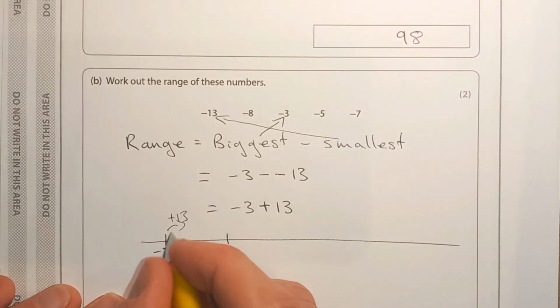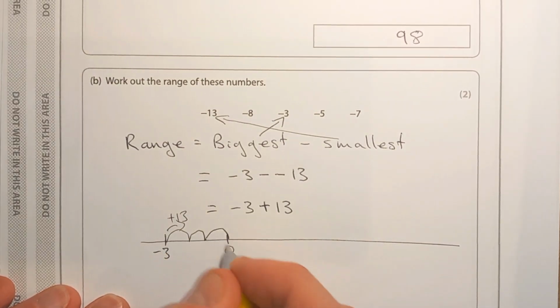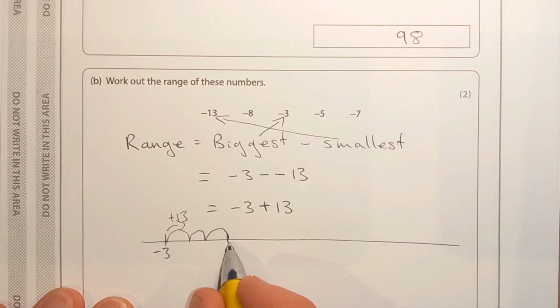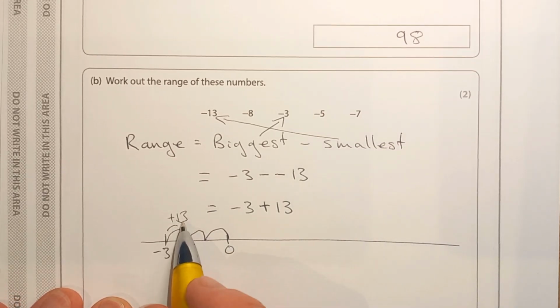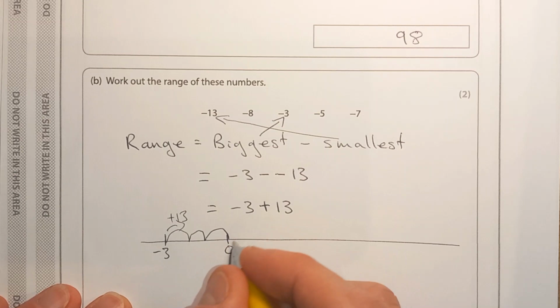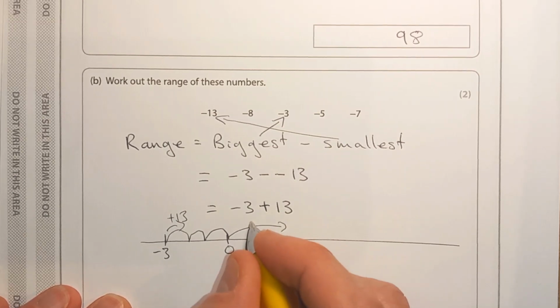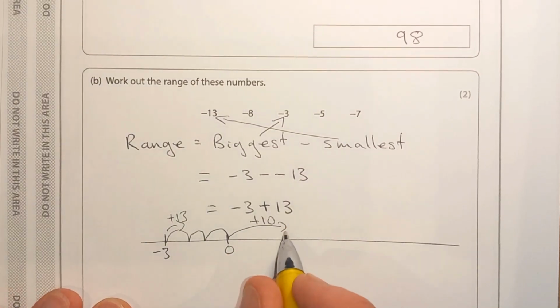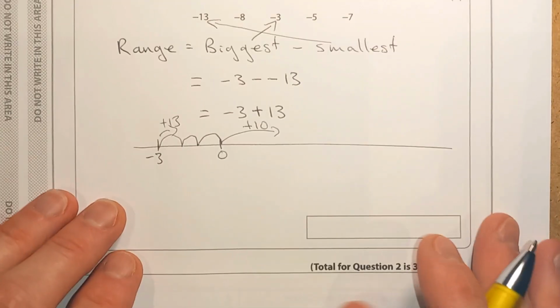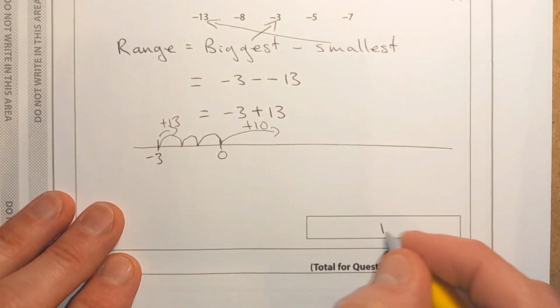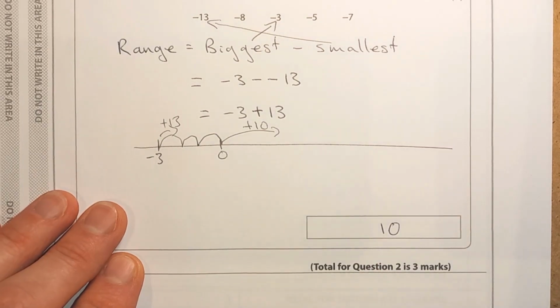Well, it's going to take us 1, 2, 3 just to get up to 0. So if we've used up 3 from the 13, that means we're going to be left with another 10. So our answer is just going to be 10.